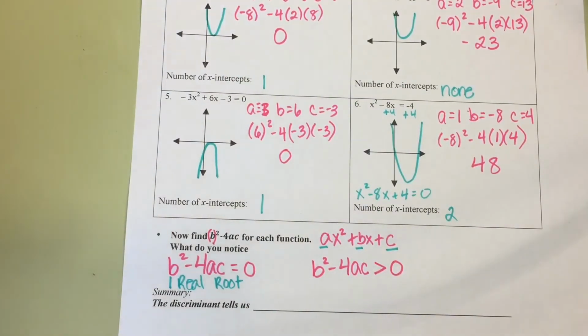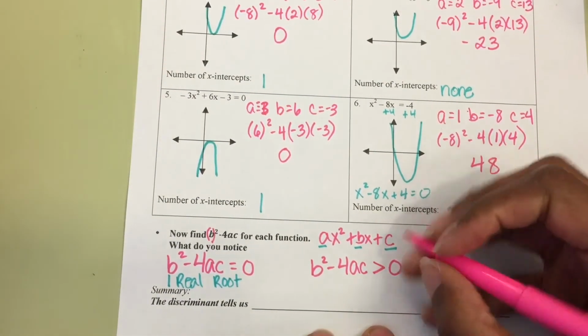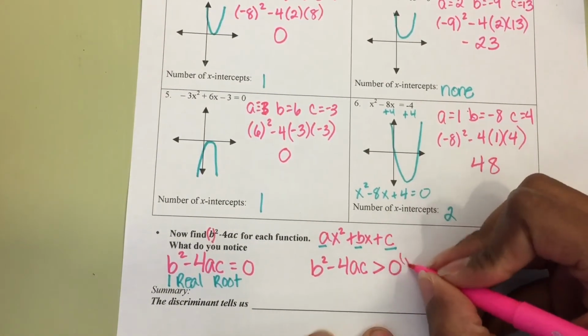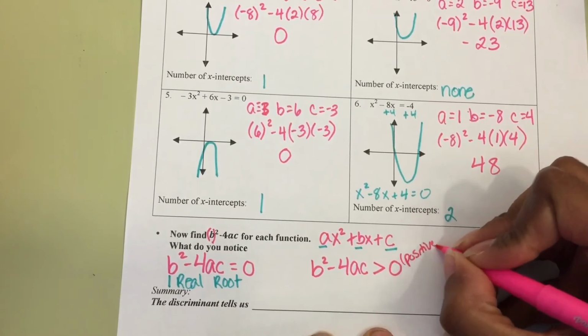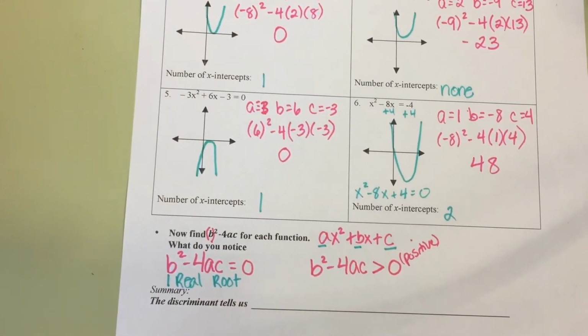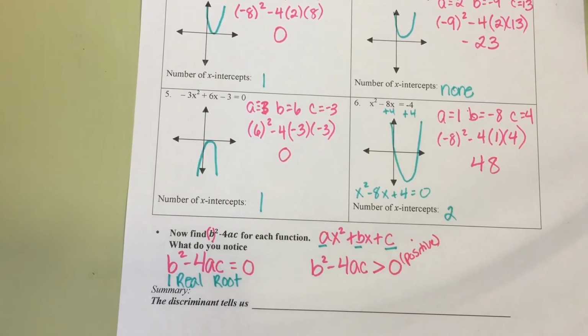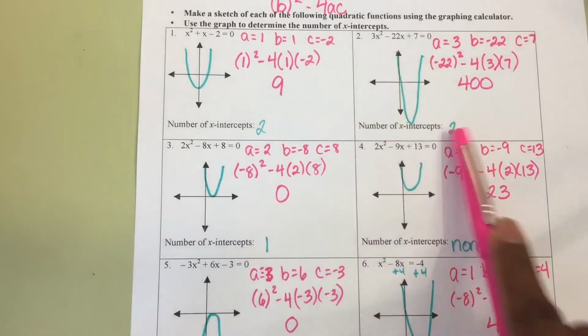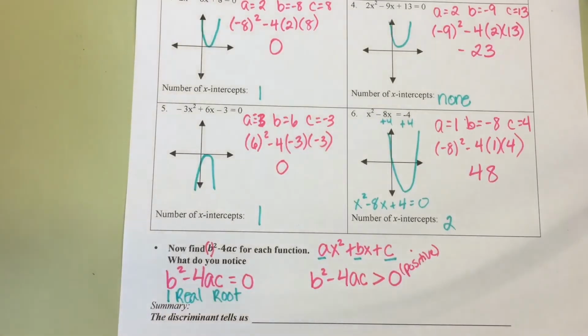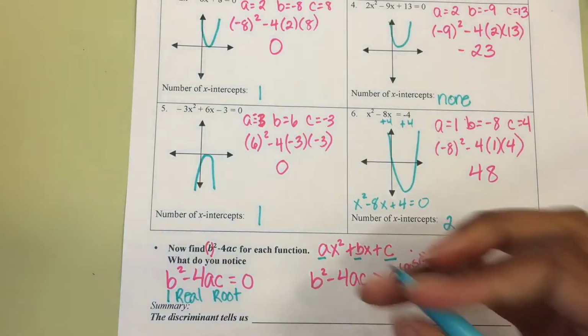When it works out, you get a positive answer. Greater than 0 just means it's positive. When it's positive, that's going to give you 2 solutions. So that gives you 2 real roots.